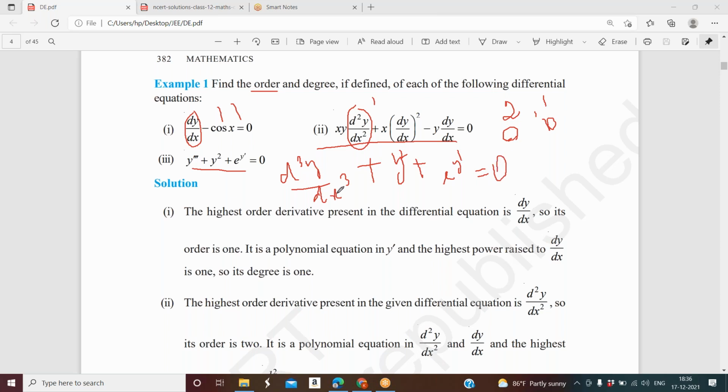So y is differentiated with respect to x thrice. So this is the highest order derivative. It is 3, and its degree is 1. So order for this differential equation is 3 and degree is 1.